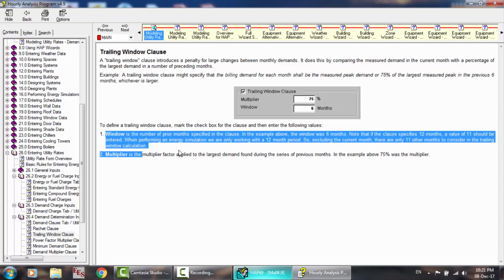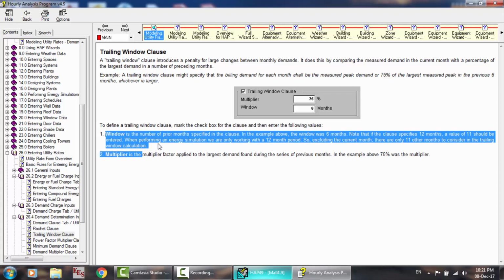The window is the number of prior months specified in the clause. In the example above, the window was 6 months. Note that if the clause specifies 12 months, a value of 11 should be entered. Why? To include the other months in the year.